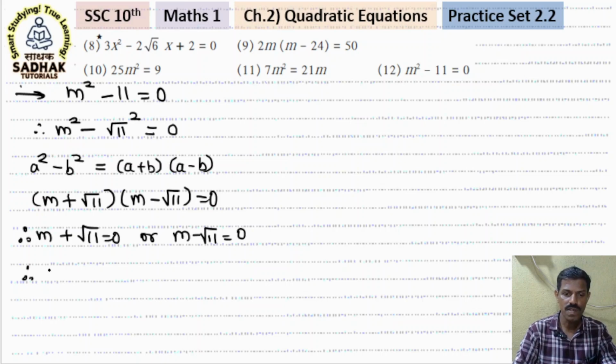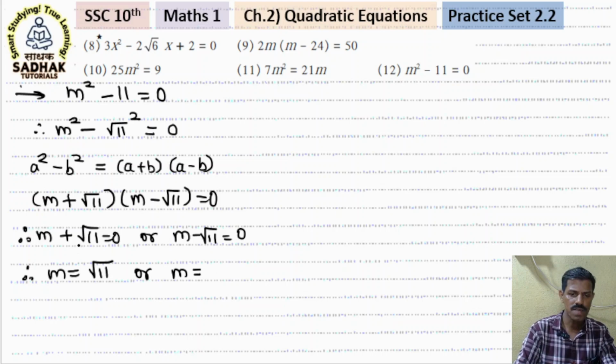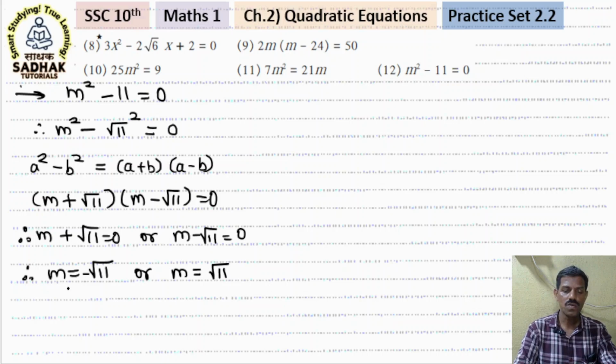So that will give us m is equal to minus root 11, I forgot to put the root sign, and m is equal to root 11. Okay. So these are the answers, m is equal to minus root 11 or m is equal to root 11. So these are the roots of this equation.